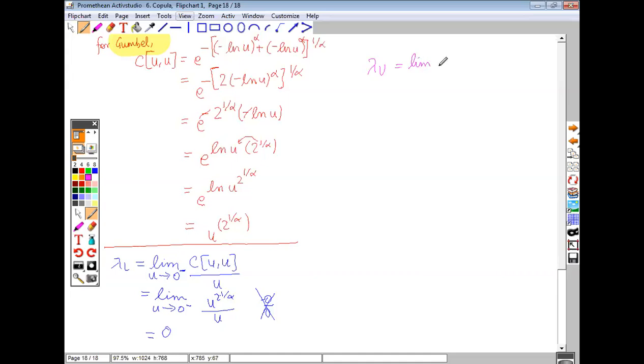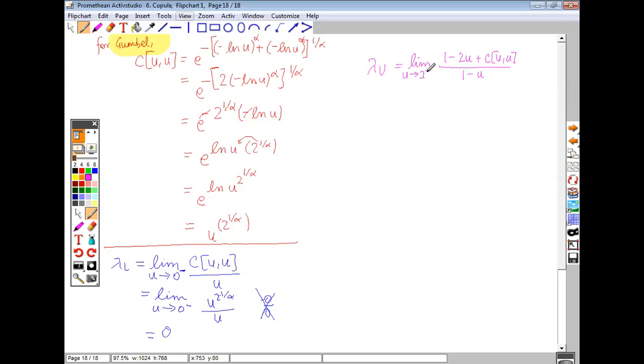What are my limits on? So my u approaches 1 from below, right?